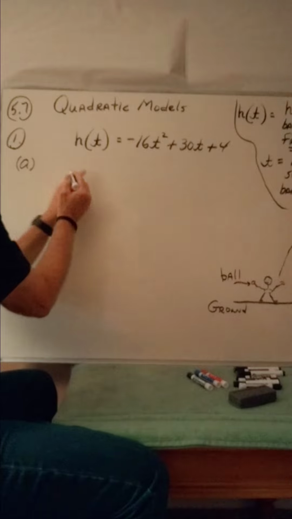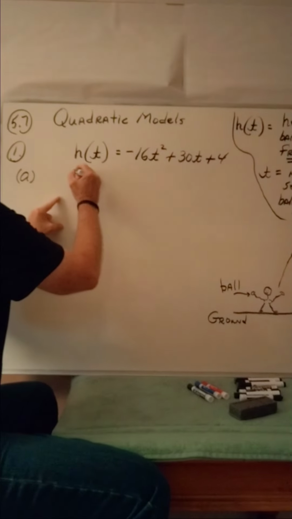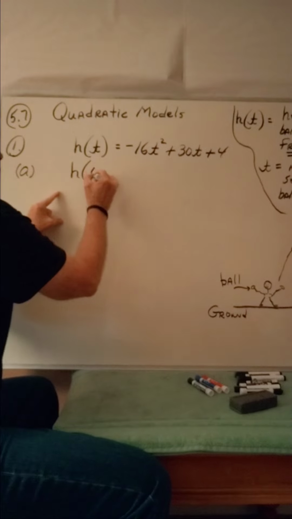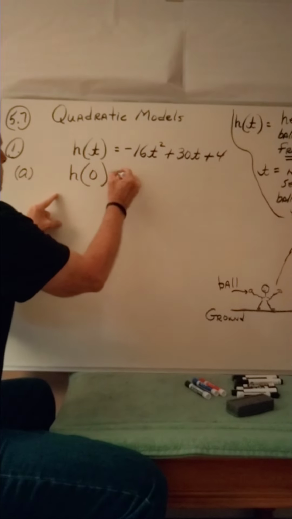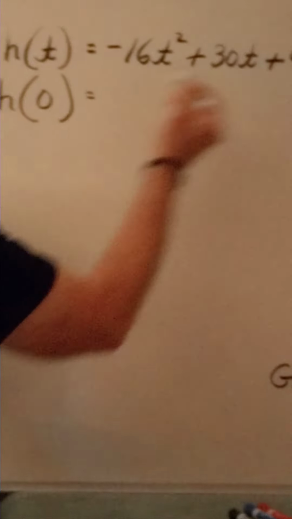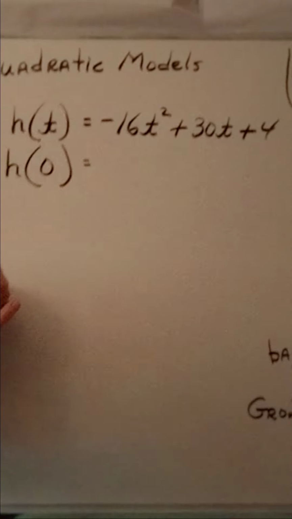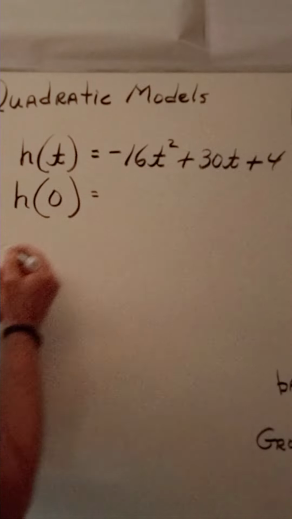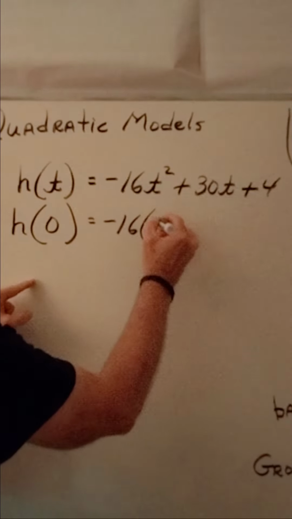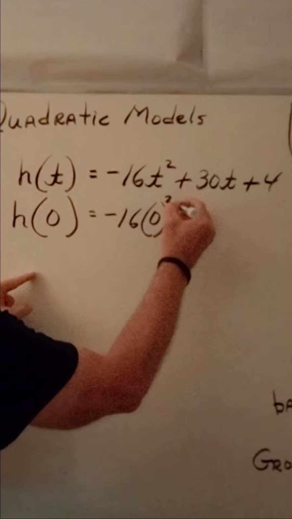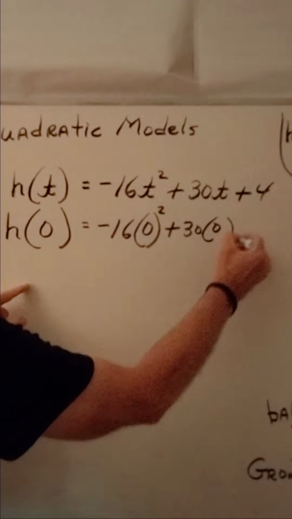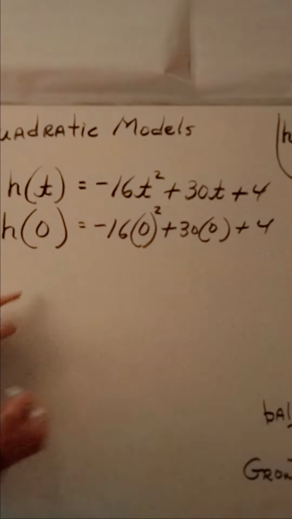So here's the little process for letter A. The value of h when the time is 0 is equal to, wherever we see the t, we're going to put in that domain of 0. Negative 16 times 0 squared plus 30 times 0 plus 4.